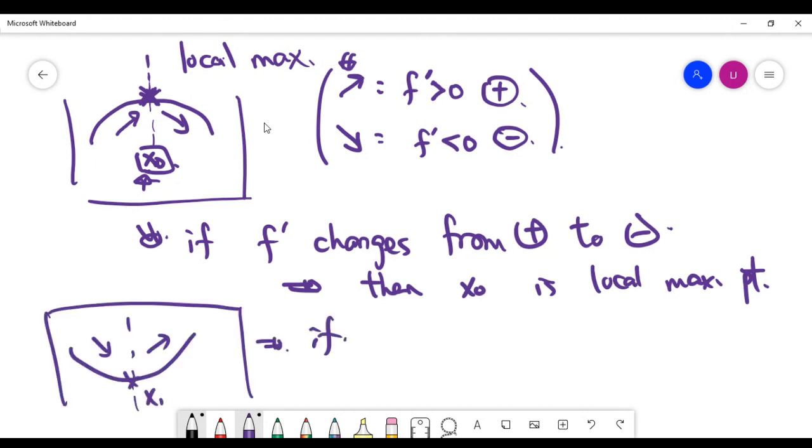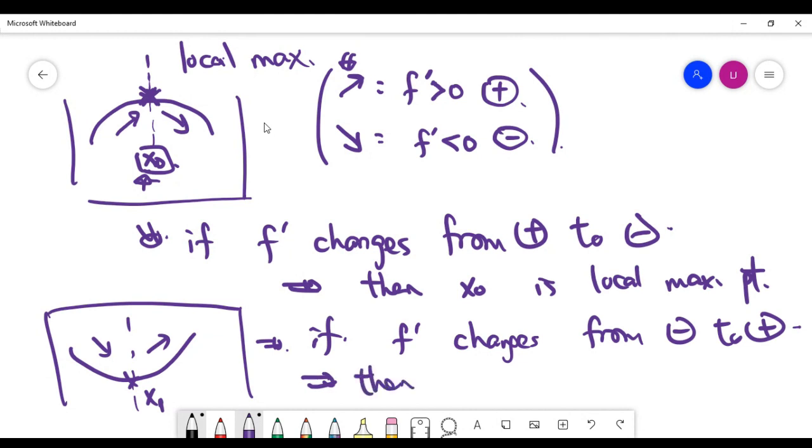And similarly, for the local minimum, the situation is completely opposite to the case of local maximum. If the point x1 is a local minimum, then f prime changes from negative to positive.